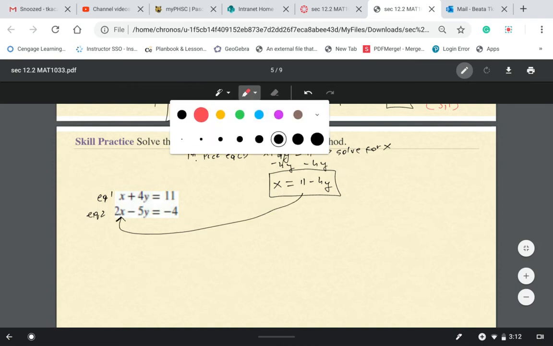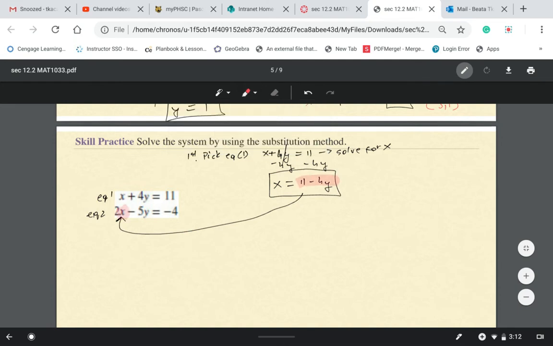So we're replacing x right here with 11 minus 4y. So that will be our second step. So second, work with equation 2. Replace x with 11 minus 4y.